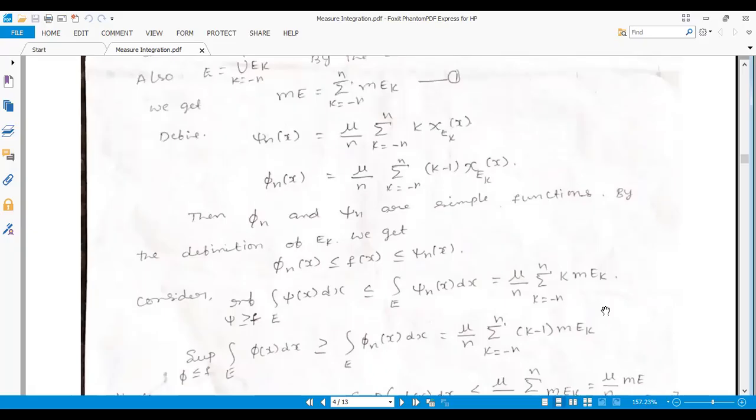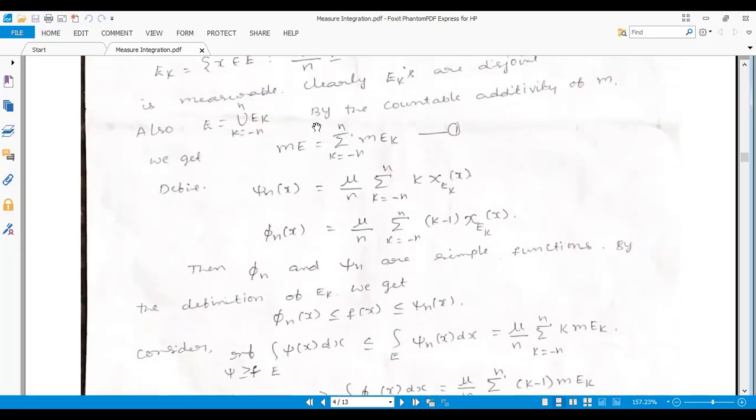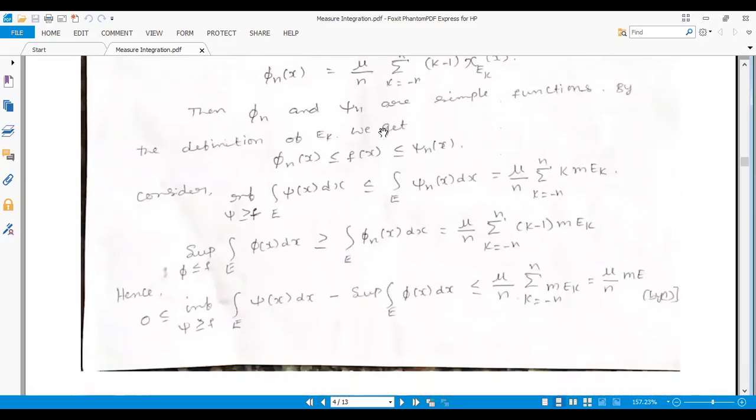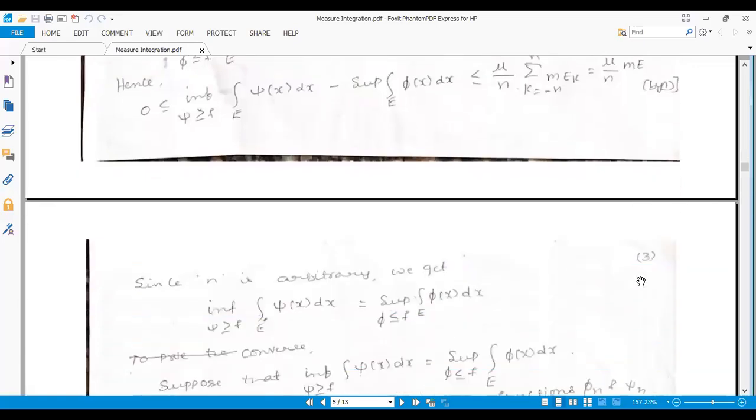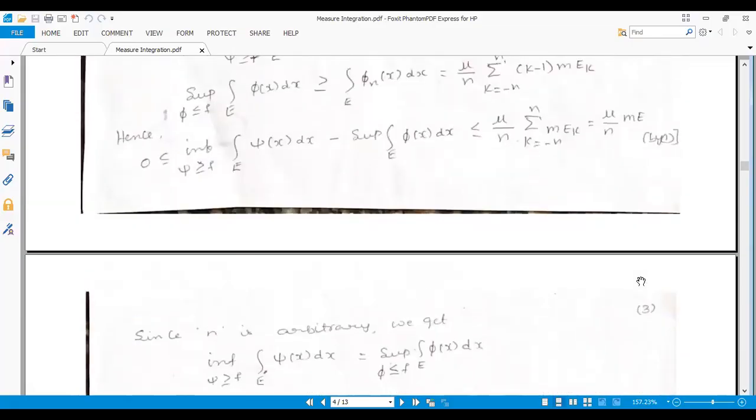Since the sum of the measures of Ek can be written as the measure of E, this becomes mu by n times the measure of E. So 0 is less than or equal to mu by n times the measure of E. Since n is arbitrary, if we let n tend to infinity, this whole thing becomes 0.